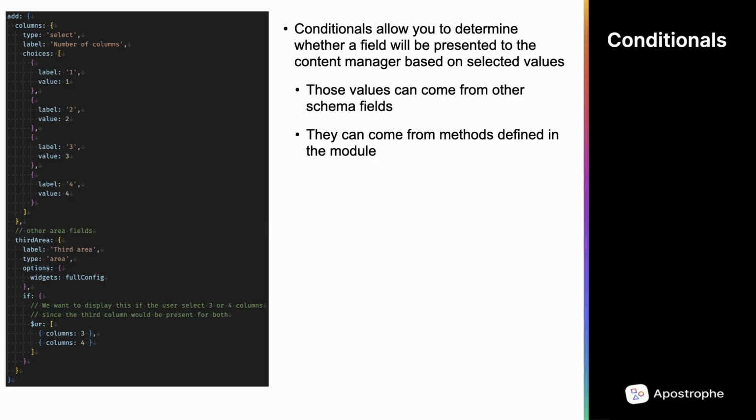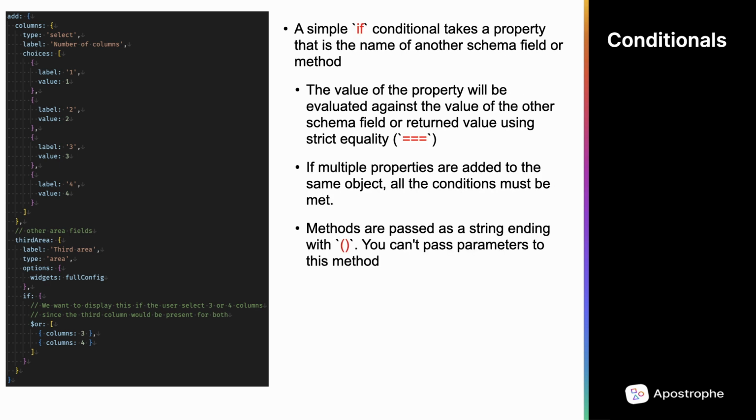To solve the first problem, we're going to use conditionals. These optional configuration fields allow you to determine if a schema field is presented to the user based on 1 or more values. These values can be based on the value of other fields within the same schema or the results returned by an asynchronous function. Conditionals are created by adding the if property to the schema field.